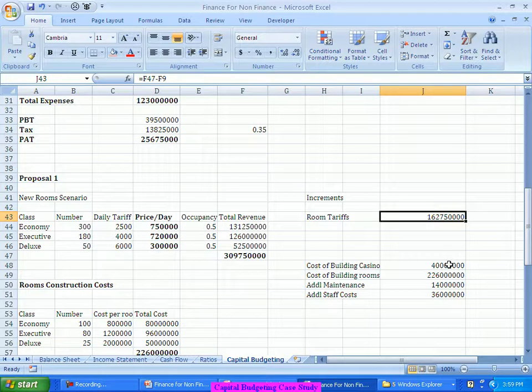But this guy has proposed to increase the rooms like this. Because of this increase, you are expecting even an occupancy to go up. So overall, you are expecting that the revenues will go to 30.97 crores. But we have to deal with incremental revenues only to evaluate our project. Which means every year, my revenues will go up by 16 crores.